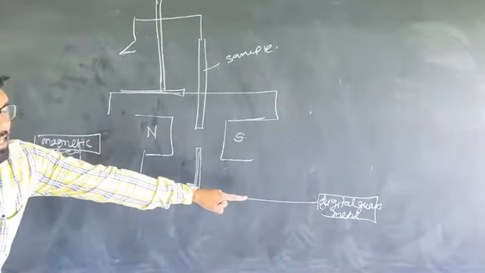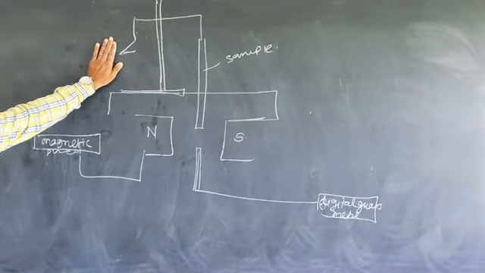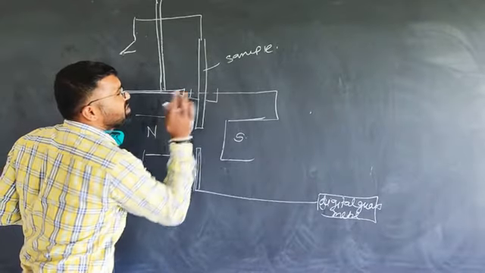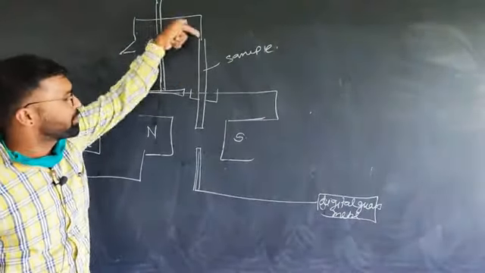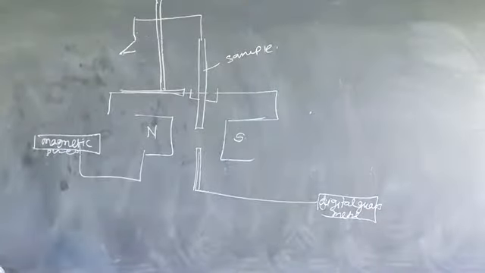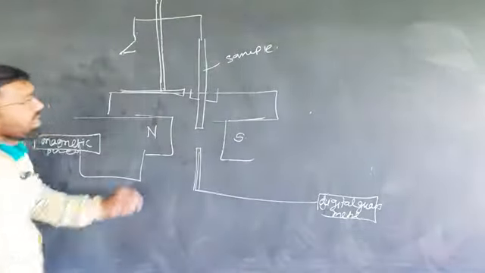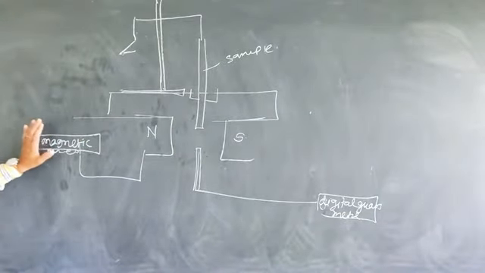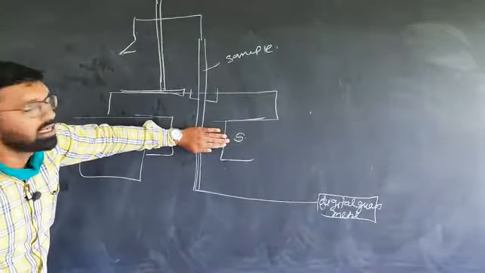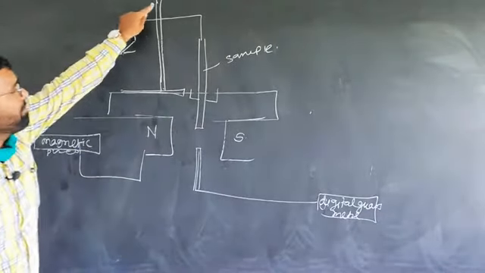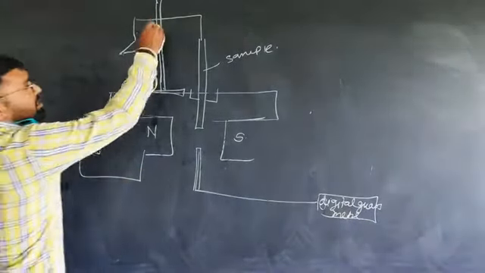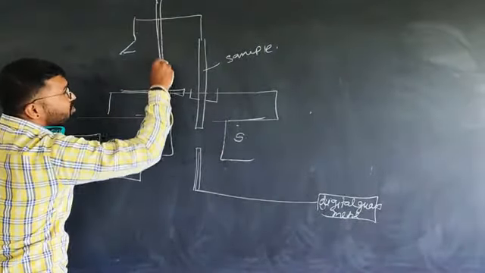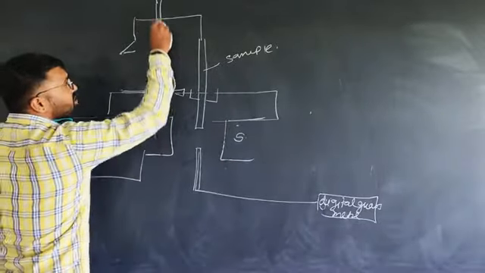When the zero is set, take a balance and place it in a wooden box, so that the wooden table has a hole for insertion of the sample capillary or sample probe between the two magnets. When the sample is inserted here, keeping the magnetic field off, then by using this analytical balance, when there is no magnetic field, the needle should be at the center on the zero side.